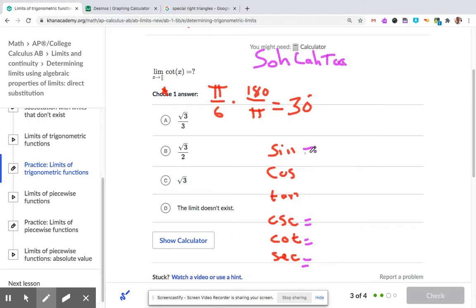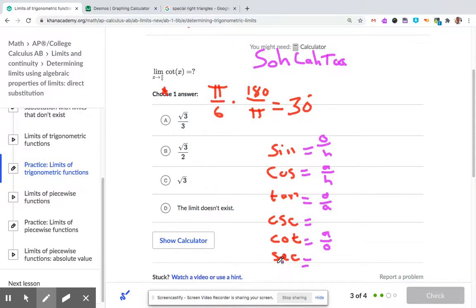Sine is opposite over hypotenuse, cosine is adjacent over hypotenuse, tangent is opposite over adjacent. Cotangent is the reciprocal of tangent, so that's adjacent over opposite. I just relate it to these.